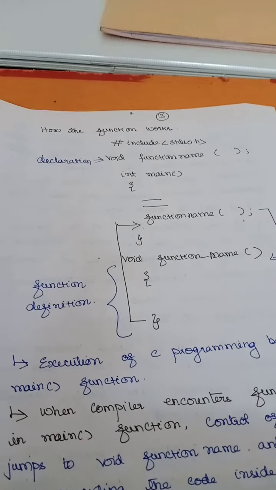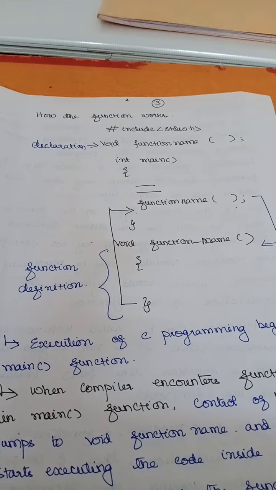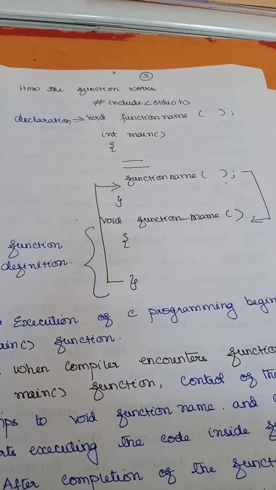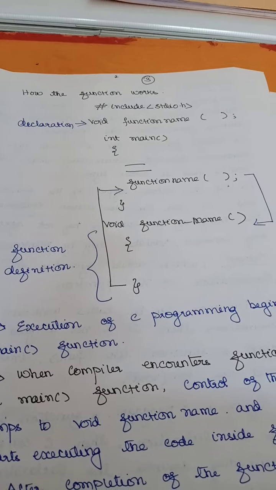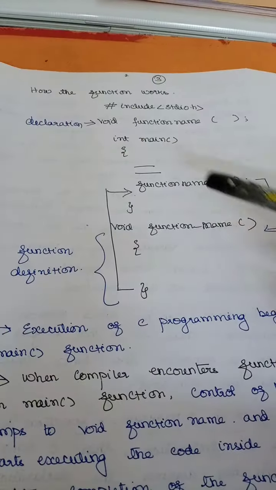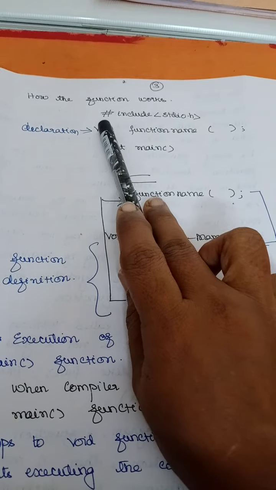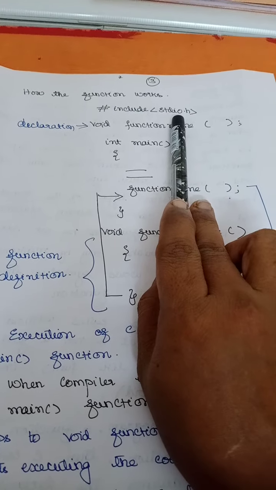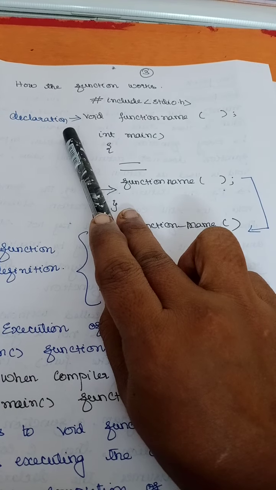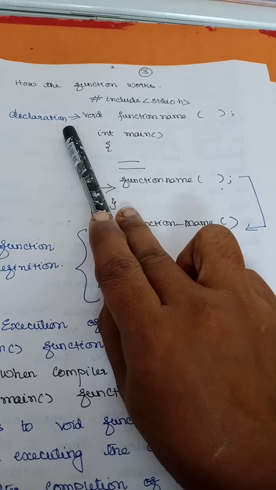Right. Now this is going to be the simple function, right? How the function will be called. So here let us see one simple template like this. Hash include stdio.h, and here I told you already we should inform the compiler that you have a function.